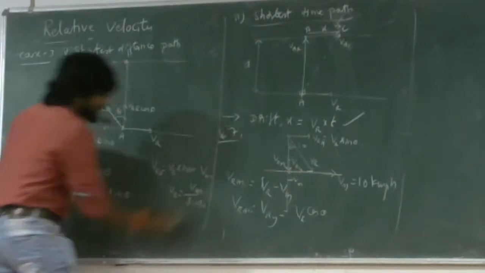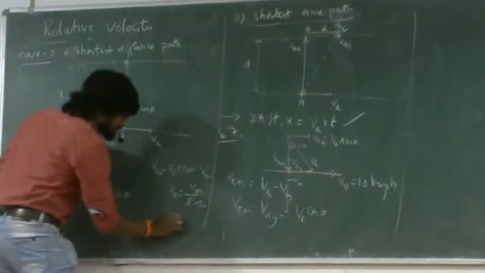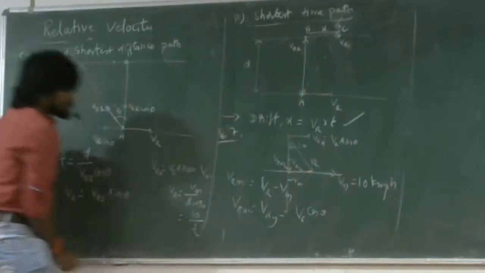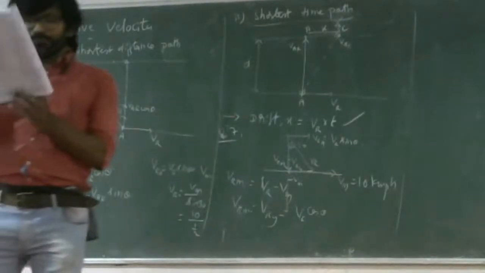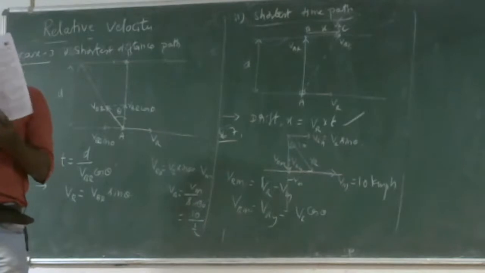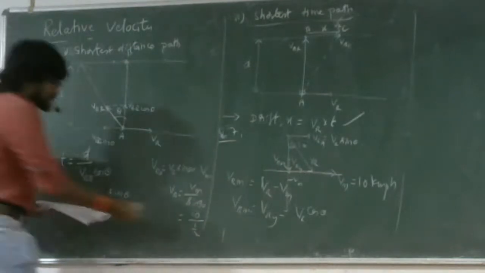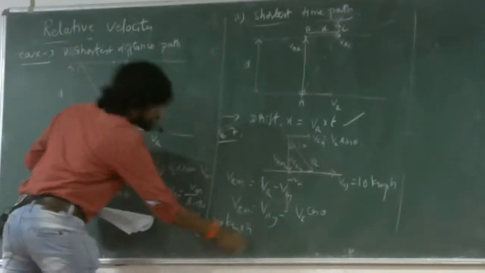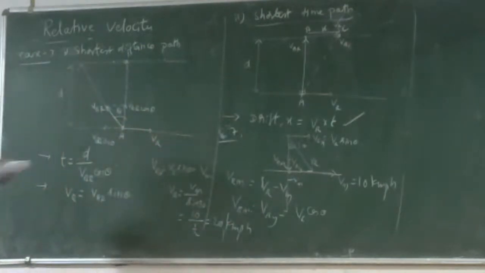What is sin 30? 1 by 2. What is Vm? Vm is 10. So it is 20. So what you can observe here? It is observed to be 20 kmph.